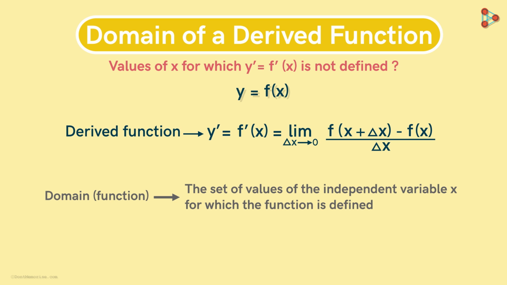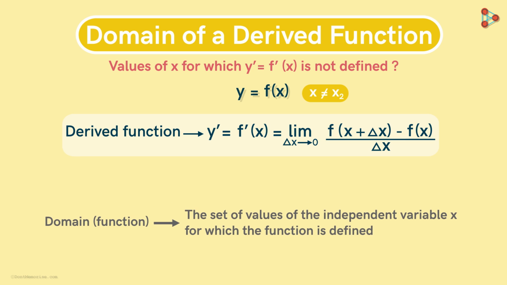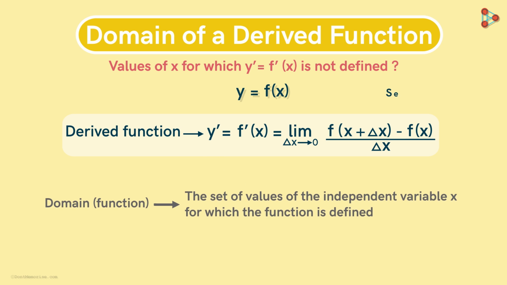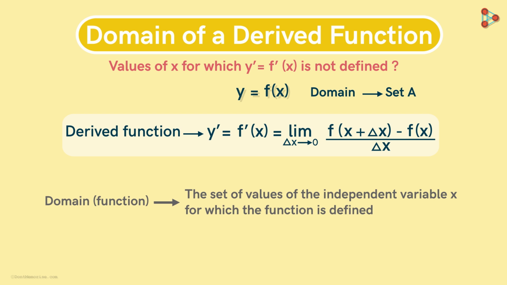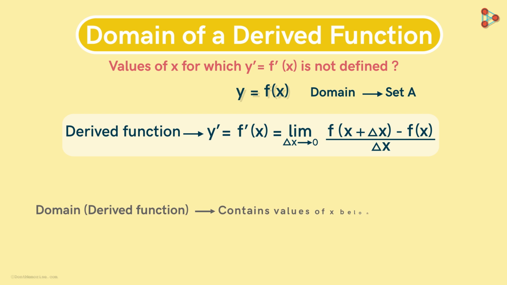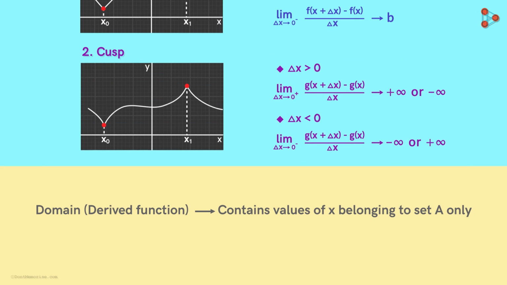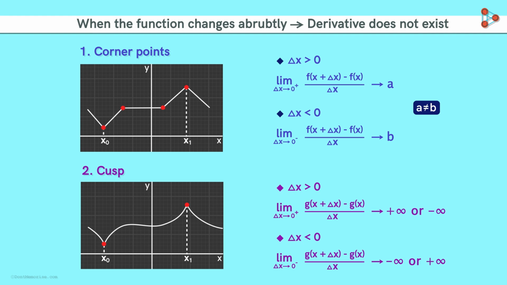Let's say at a particular value of x, say x2, this function is not defined. Then obviously, we cannot find the derivative of this function at x2. So it means that this derived function will not be defined at x2. So if set A represents the domain of this function, then the derived function can only be defined for the values of x in set A. But now, in one of our previous videos, we saw that the derivative does not exist even at some values of x in the domain of the function.